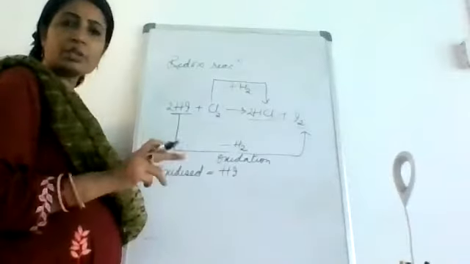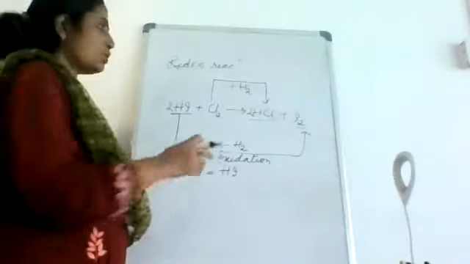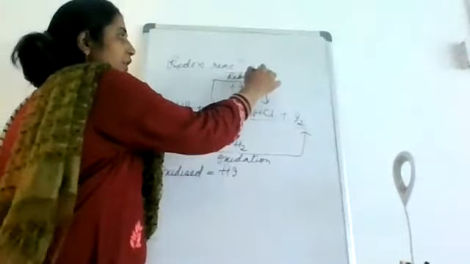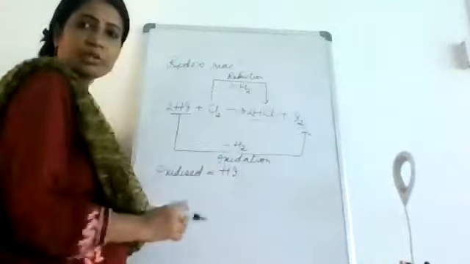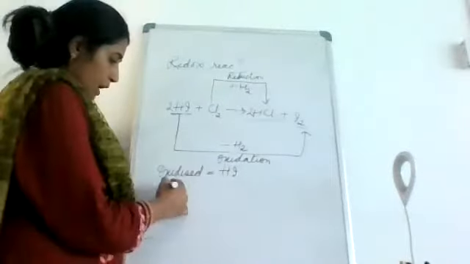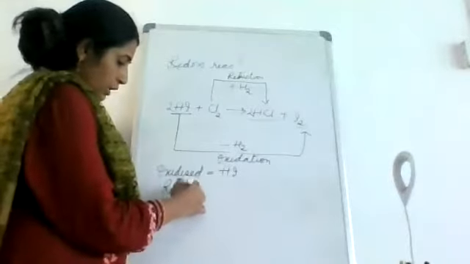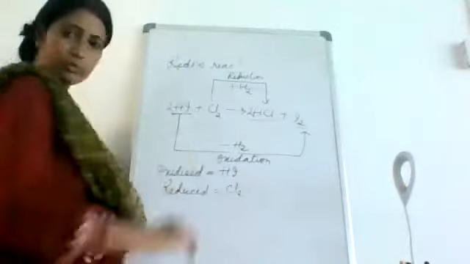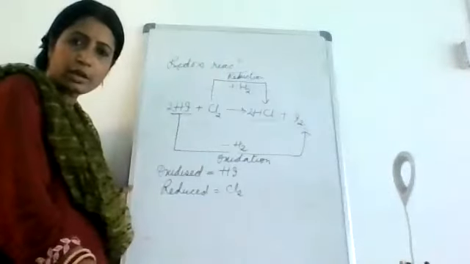So when hydrogen is being added to chlorine, then it is called reduction. And since the process of reduction is taking place, chlorine will be said to be reduced. क्लोरीन को क्या बोलेंगे? रिड्यूस्ड बोलेंगे. ये हो गया रिड्यूस्ड.